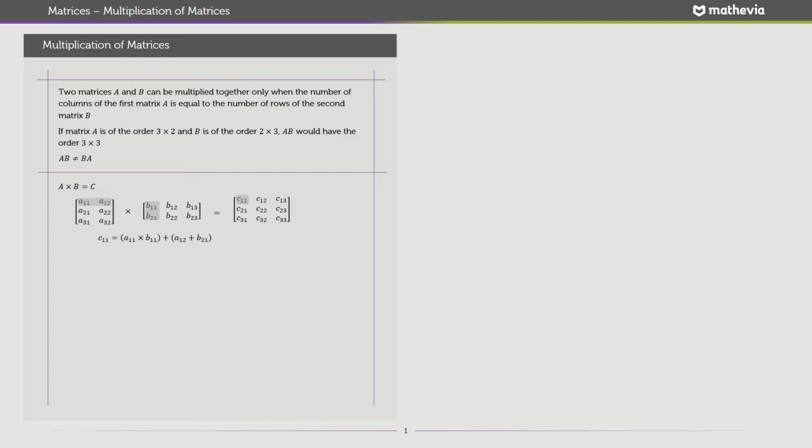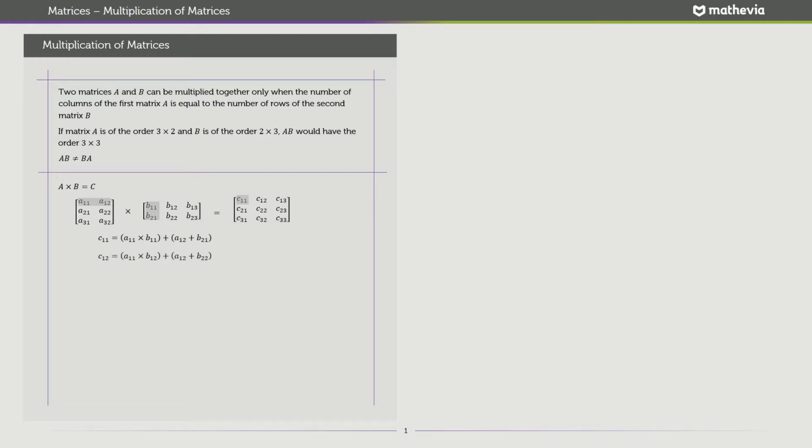You see how easy it is. Let's do one more. Let's do C31. If you're looking to find the element C31, that's third row, first column, so you're looking at the third row of A and the first column of B. That would be A31 times B11 plus A32 times B21. Simple.